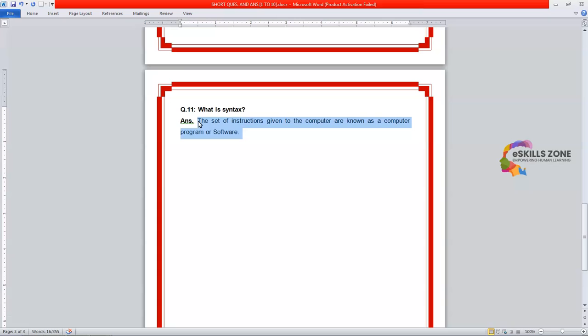Number 11. What is syntax? The answer is, the set of rules used to write an accurate program is known as the syntax of the language.